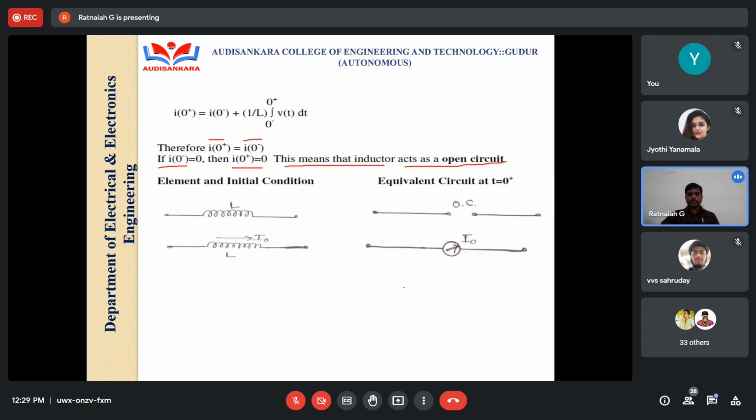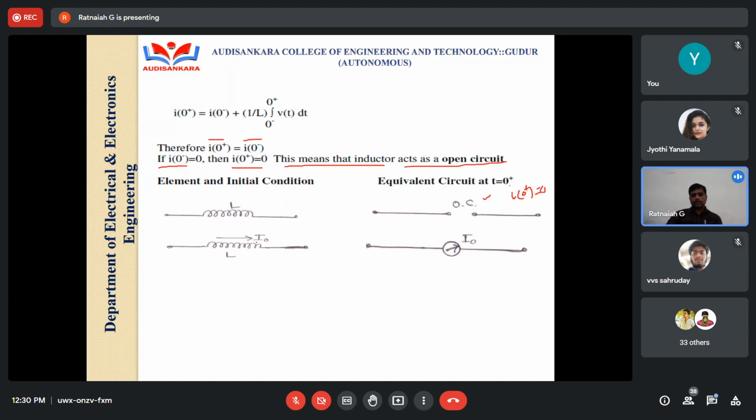Initially when you close the switch, the inductor will be taken as an open circuit, because at t is equal to 0 plus the current I of 0 plus is also 0. Therefore, no current is passing through the inductor. That's why it acts as an open circuit initially.